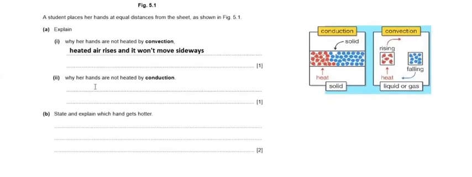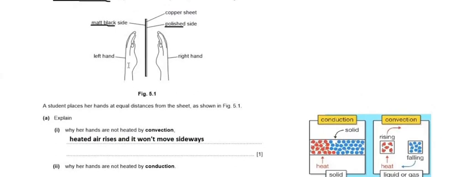Now, why are her hands not heated by conduction? Also, we have air here and here, and there is no heating of the palms or hands by conduction because air is a very bad conductor.